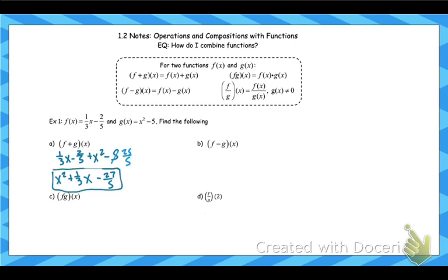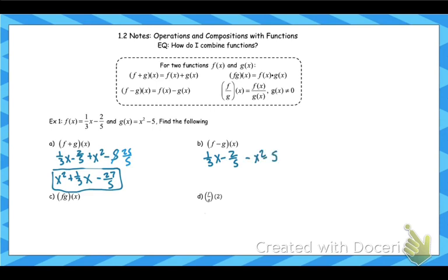All right, subtraction. So again, f minus g of x means f of x minus g of x. So 1/3 x minus 2/5. And I'm going to stop right here because this is actually one of the most missed questions throughout the year, not just now, but throughout the year. I'm taking the f of x function and subtracting g of x.